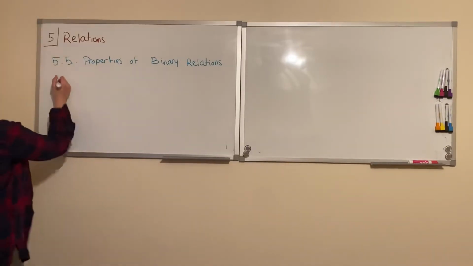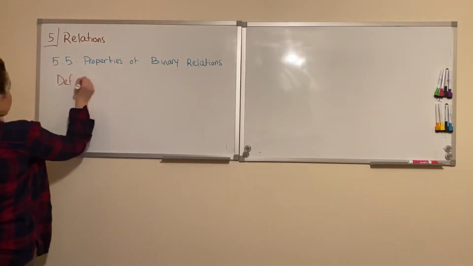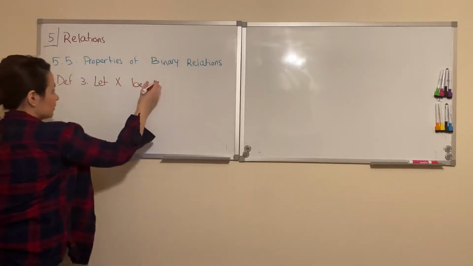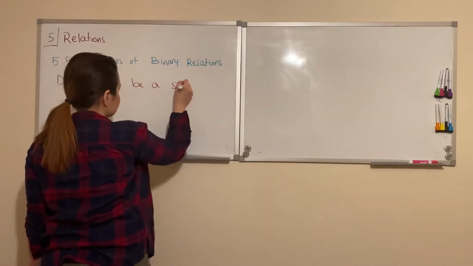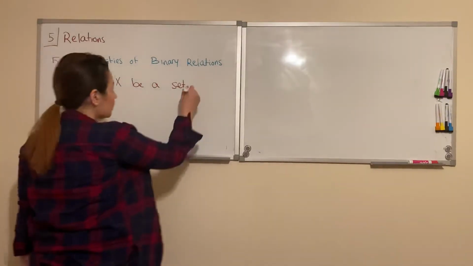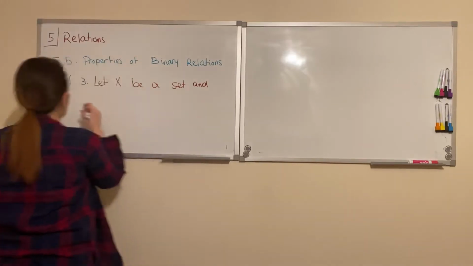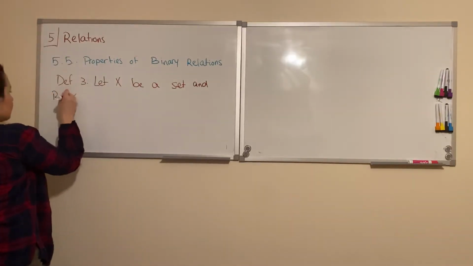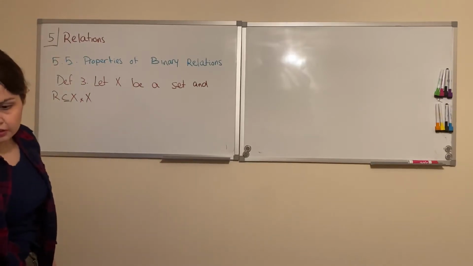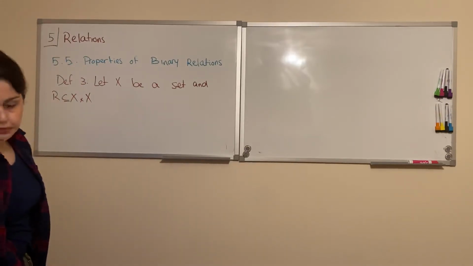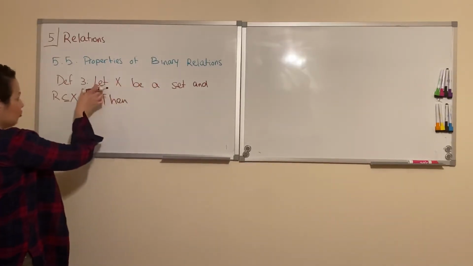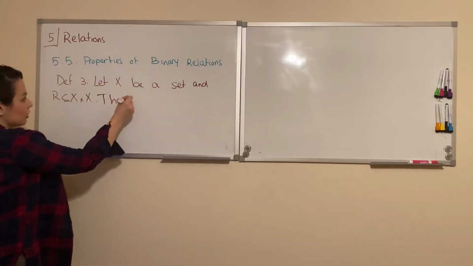Let X be a set and R is a subset of X cross X. Then, so you see, actually R is a binary relation.